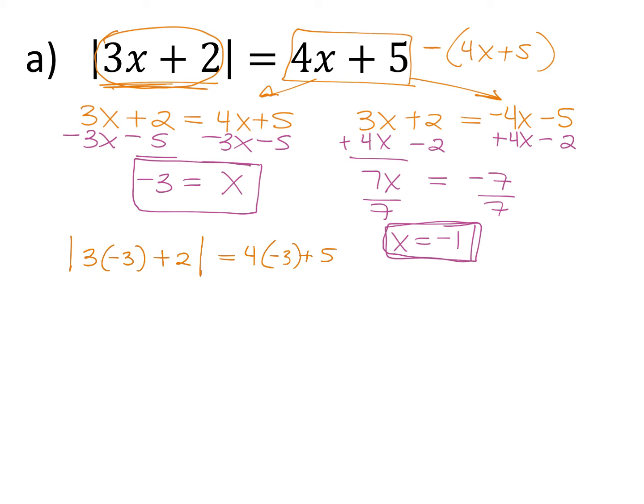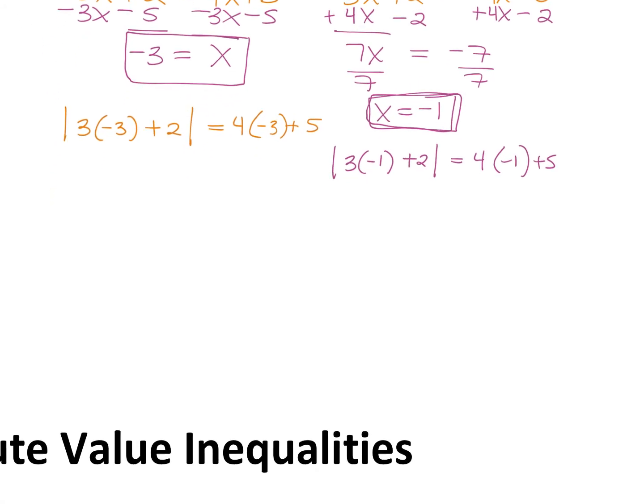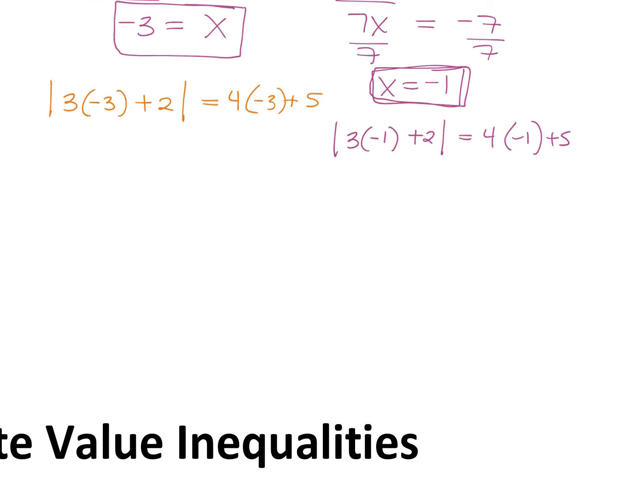Okay, if I plug the other one in, it's the absolute value of 3 times negative 1 plus 2 equals 4 times negative 1 plus 5. Okay, your job is to see if those are true equations.